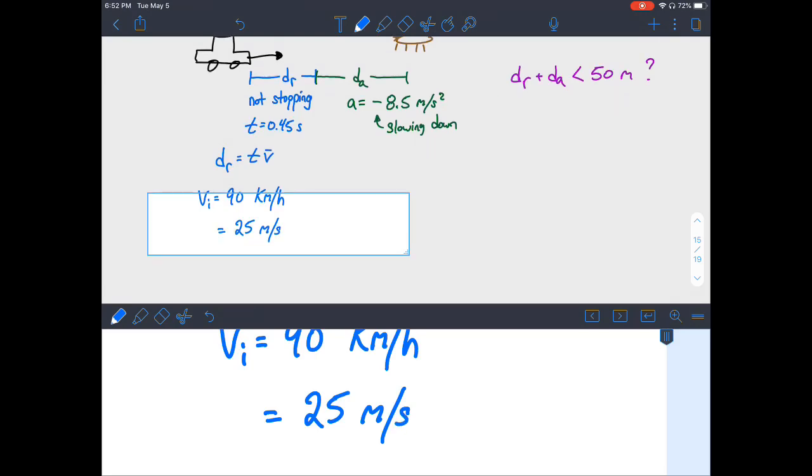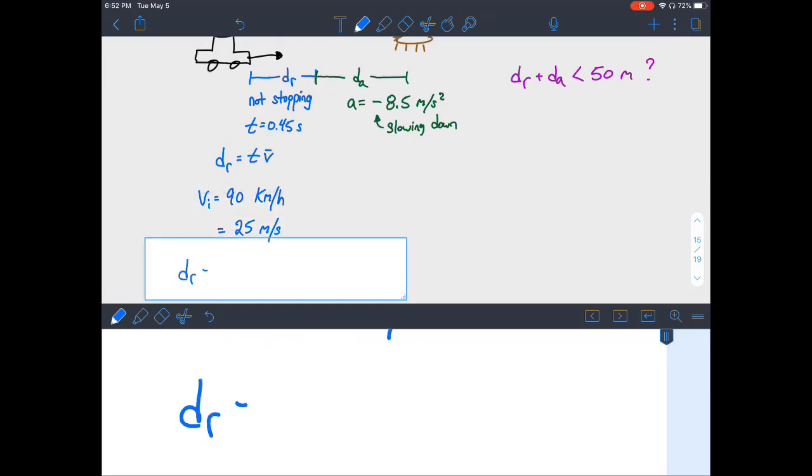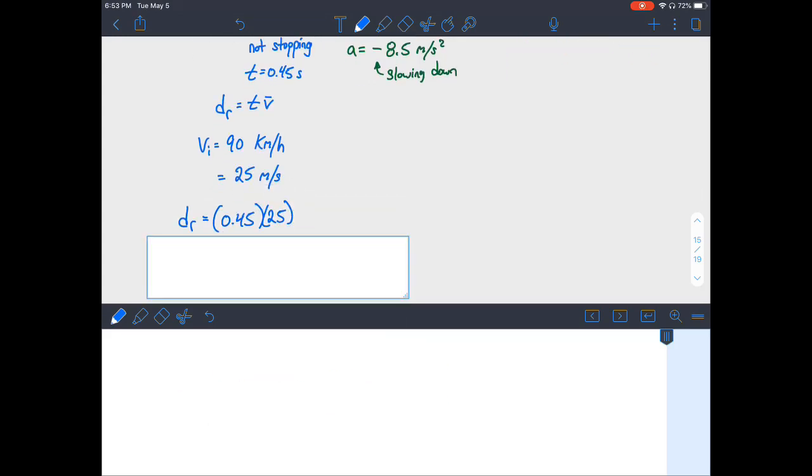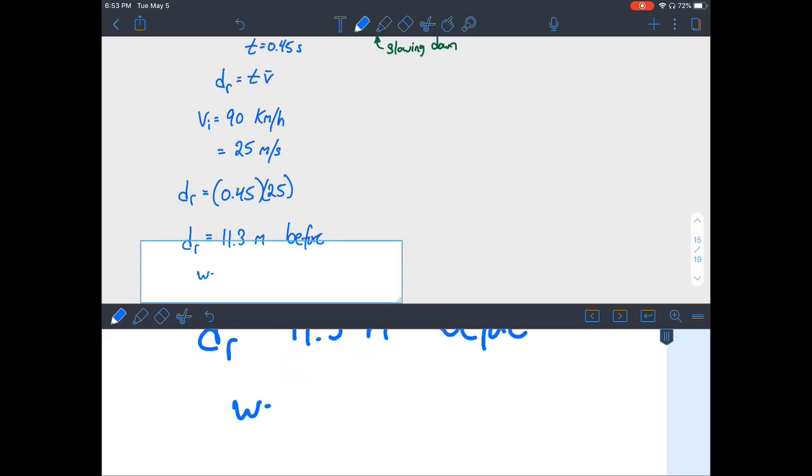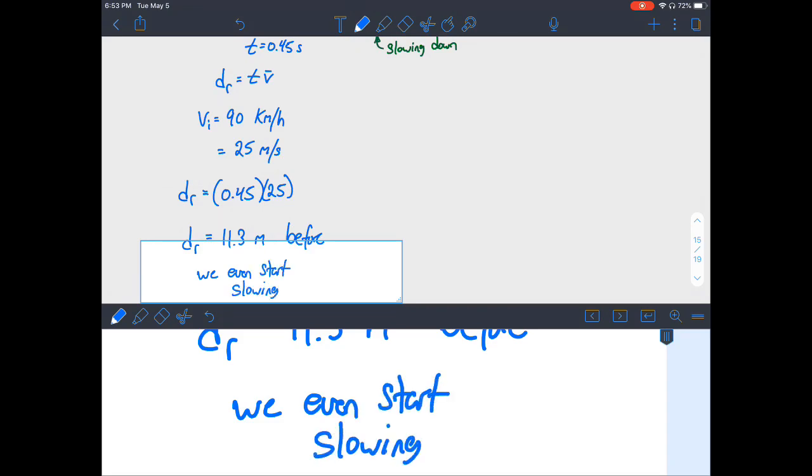Which means the reaction time distance that we're going to go is 0.45 times 25 meters per second. So we are going to travel a distance of 11.3 meters before we even start slowing down.